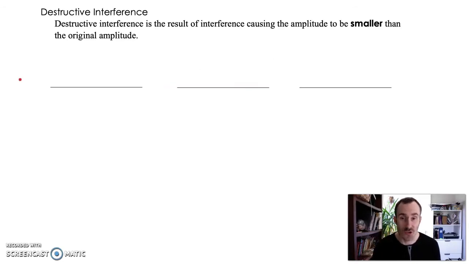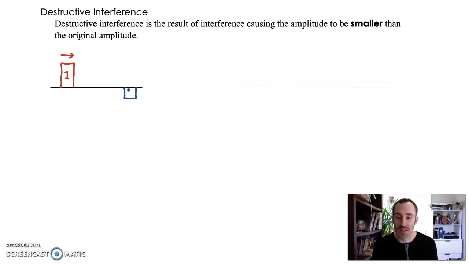Now let's look at destructive interference. So let's say we have wave number 1, which now has a height of 2, and it's moving to the right. And then let's take wave number 2, but instead of putting it on the top side, let's put it on the bottom side.